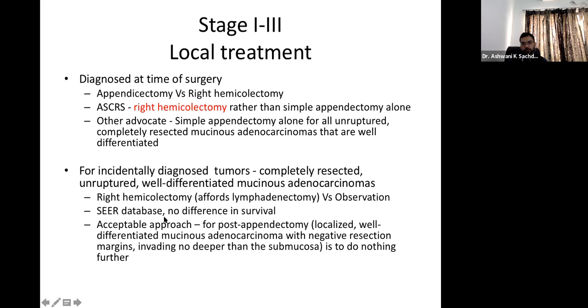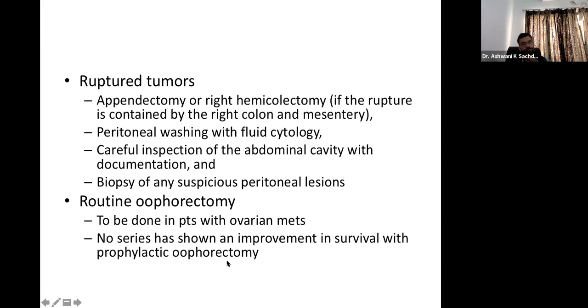SEER database has shown no difference in survival, and an acceptable approach for local treatment is post appendicectomy if it is localized, well differentiated, and with negative resection margin invading no deeper than submucosa. So it is a T1 lesion, to do nothing further. So T1 lesion, localized, well differentiated, negative margin, to do appendicectomy only and not right hemicolectomy.